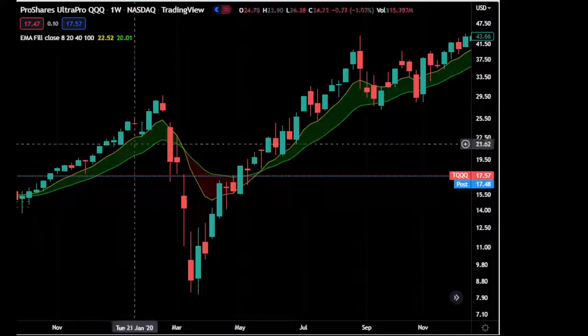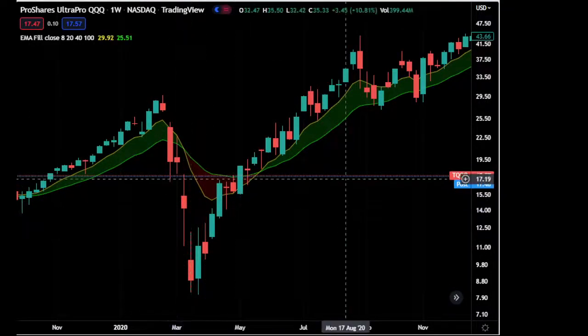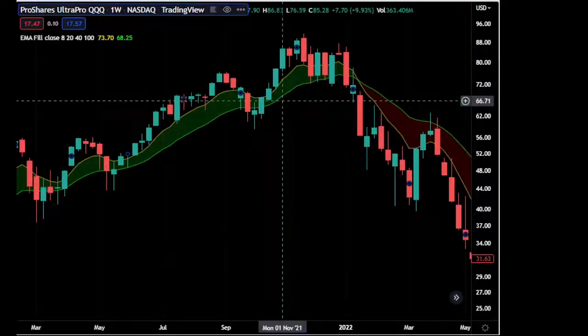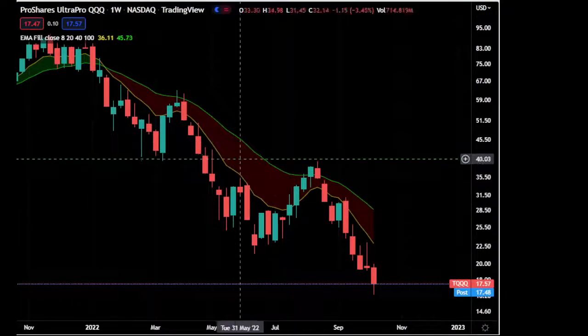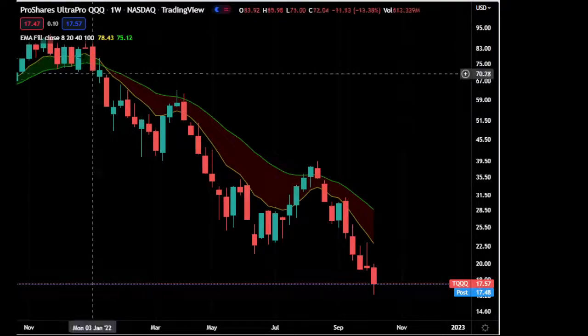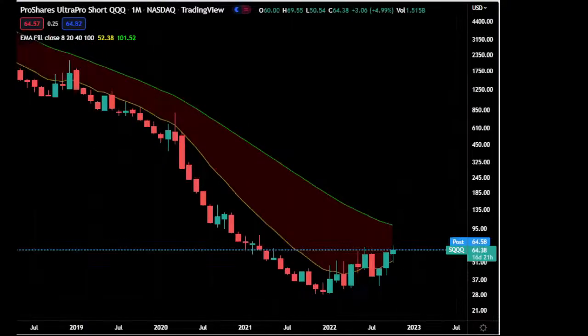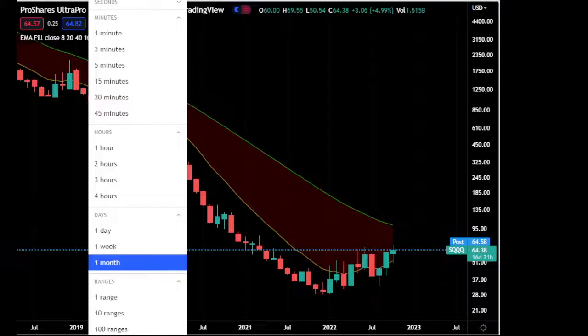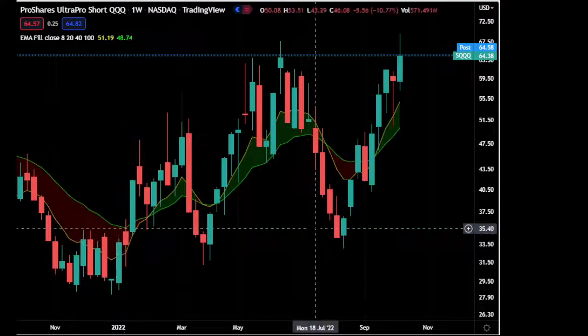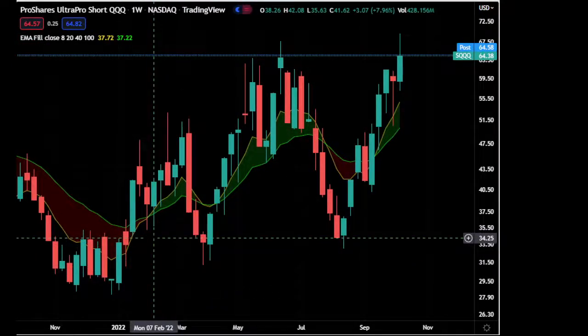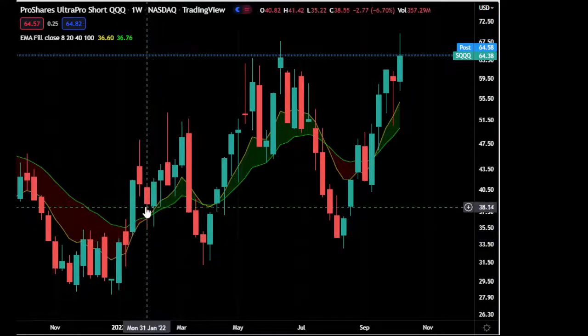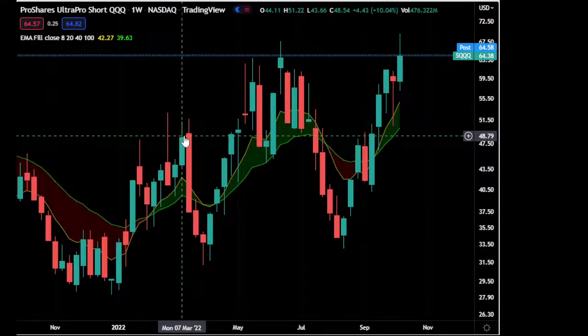There was this particular dip here in 2020, and then we had a very nice run up, and now things are trending lower. Now let's look at the same thing on the SQQQ. We're going to go over to the weekly on the SQQQ and compare this, and we see that beginning in February 2020, SQQQ began to climb above the 8 here.